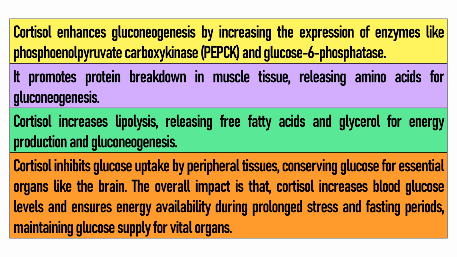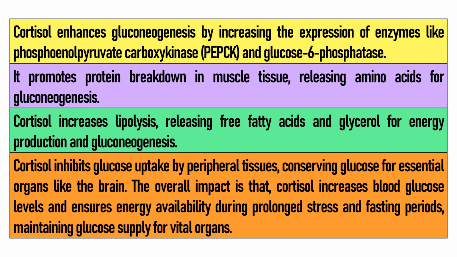What does cortisol do? Cortisol enhances gluconeogenesis by increasing the expression of enzymes like phosphoenolpyruvate carboxykinase and glucose 6-phosphatase. It promotes protein breakdown in muscle tissue, releasing amino acids for gluconeogenesis. Cortisol increases lipolysis, releasing free fatty acids and glycerol for energy production and gluconeogenesis.